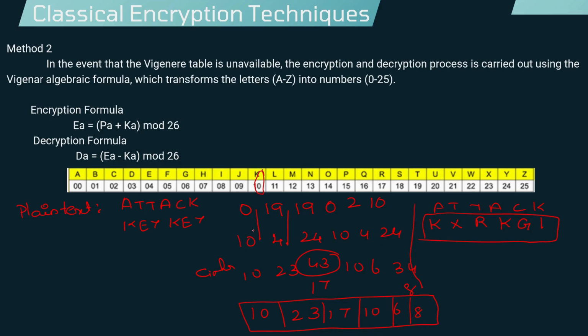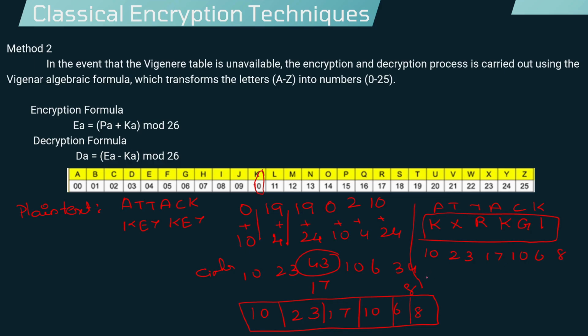So instead of doing a plus here, you will be subtracting to get the normal plain text value for decryption. So now for decryption, the ciphertext is 10, 23, 17, 10, 6, 8.